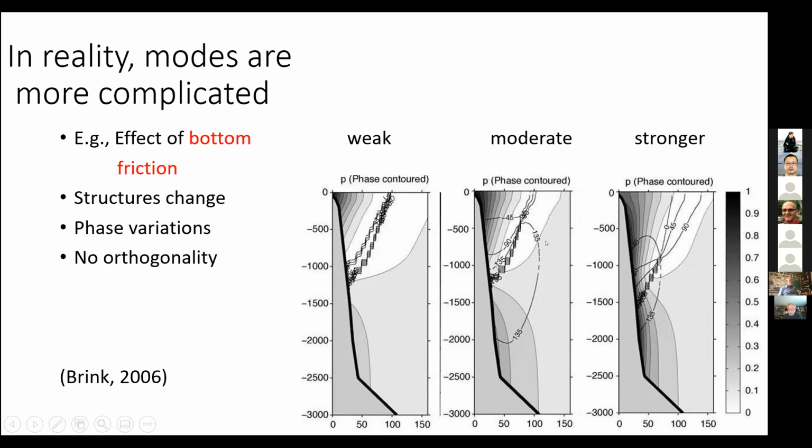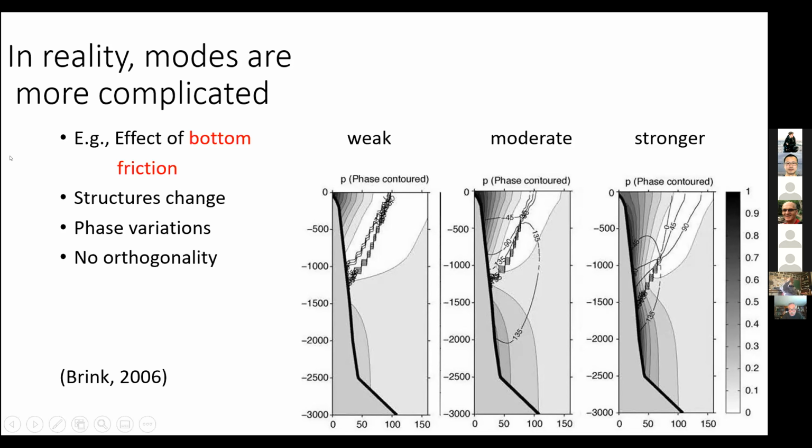If you include a realistic friction for this example, then these phase contours get smeared out. And if you go to lower frequencies or stronger bottom friction, the structure really gets lost.